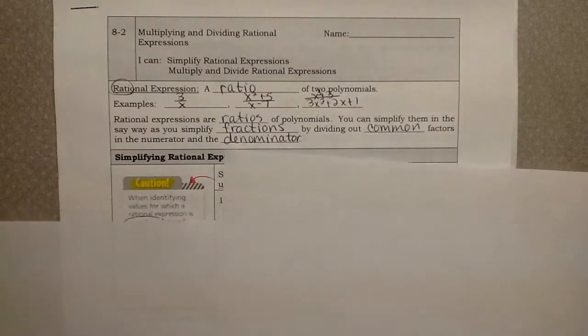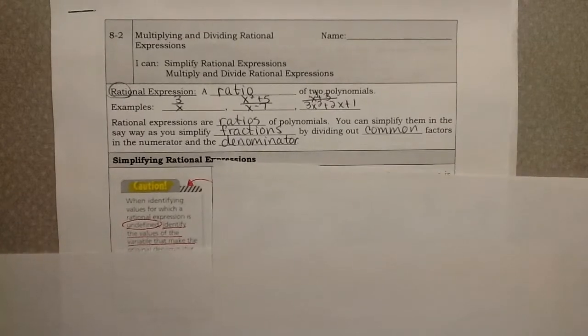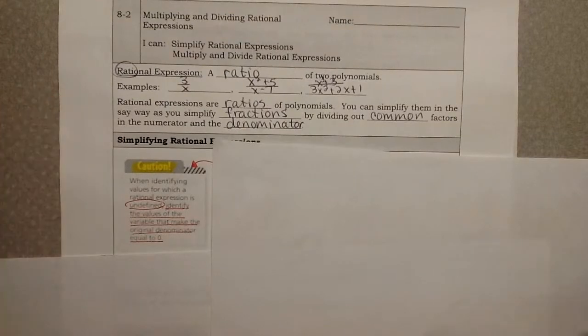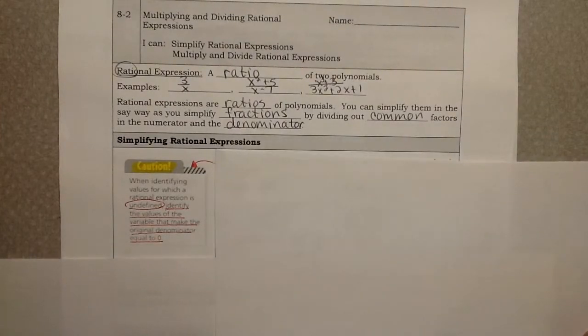Now, one thing that you have to be careful about is sometimes when you simplify a rational expression or when you solve an equation, the value that you get for x, and I'm talking about an equation now, will make the expression or the equation undefined because it will make the denominator equal to 0.